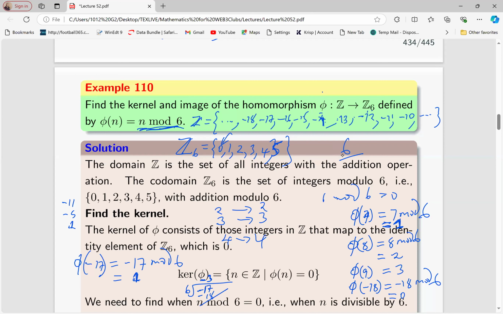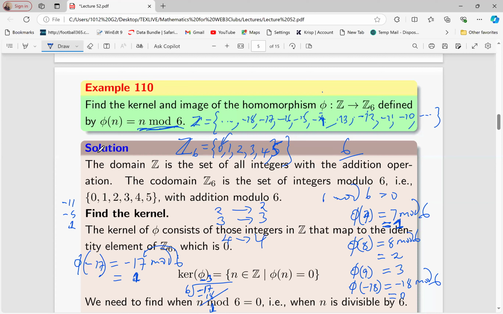When you subtract negative 18 from negative 17, you have 1 as the answer. So you can use this method, or you can use the one of addition, adding 6 several times until you get a positive number. Now, let's see, because we wanted to find the kernel.